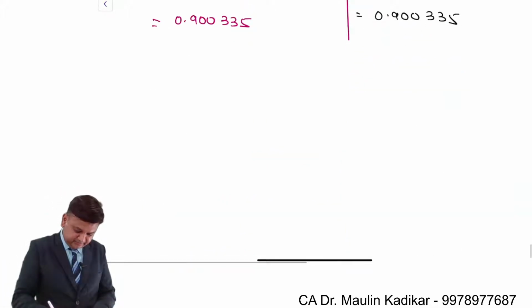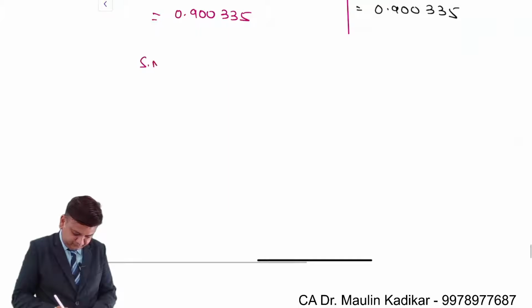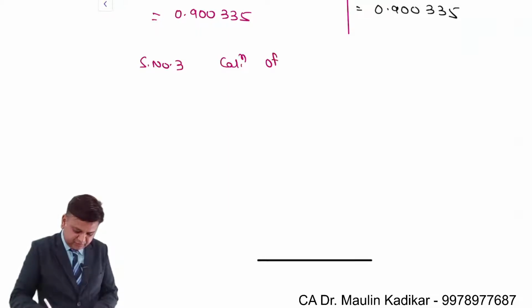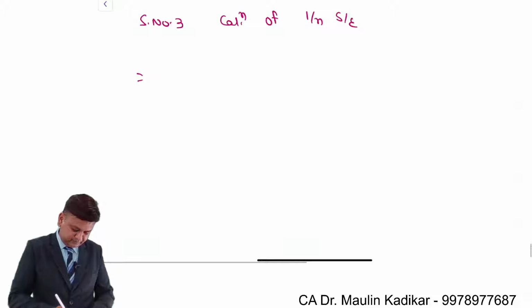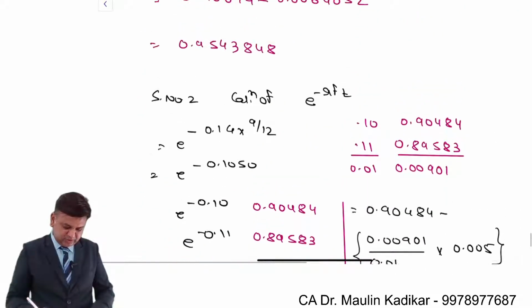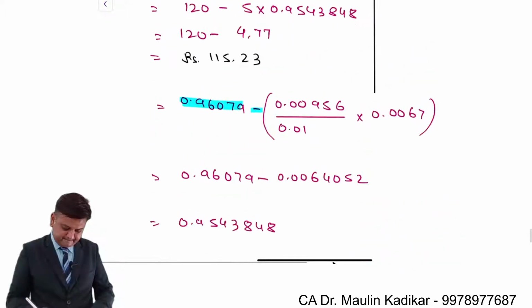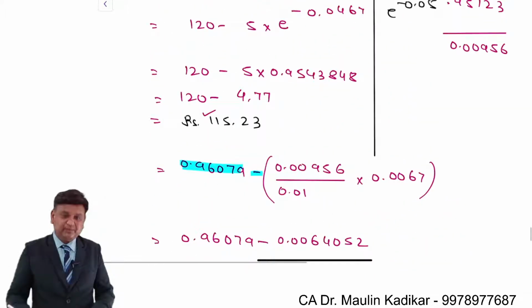Step number 3: calculation of ln S divided by E. So it is spot divided by exercise. So over here it is 115.23.